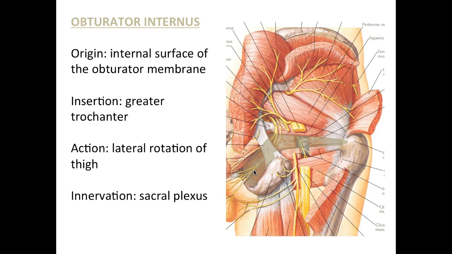Remember, we have that obturator foramen in the os coxa, and that foramen is covered with an obturator membrane. So this muscle is just on the inside surface of that. The insertion is going to be greater trochanter. Innervation, skipped action here. Can't do that. It's going to be lateral rotation of the thigh, and innervation is sacral plexus.